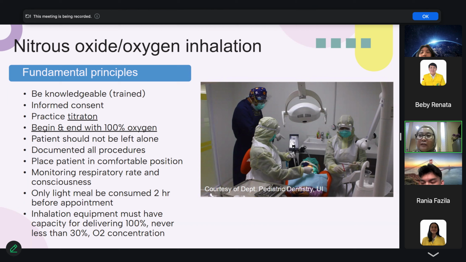So if this autistic or ADHD patient can communicate well, in two ways verbally, yes, you can use nitrous oxide oxygen inhalation. But if they cannot maintain two-way communication, the option before general anesthesia is intravenous sedation, and the last option is general anesthesia.